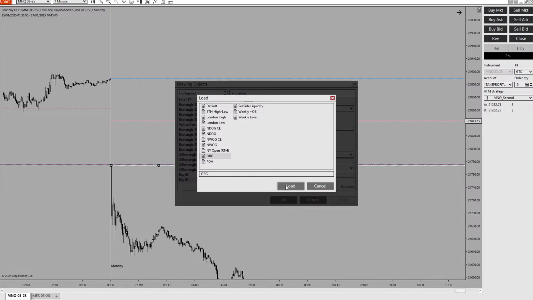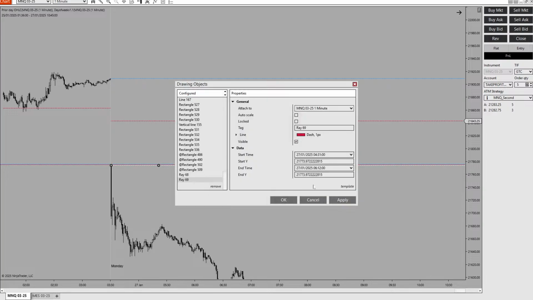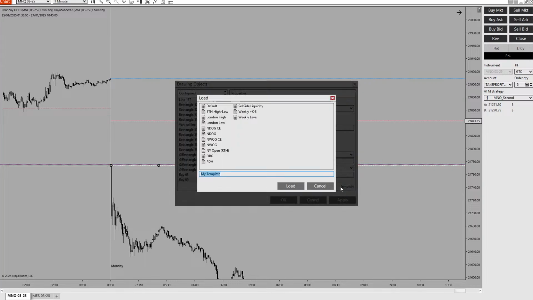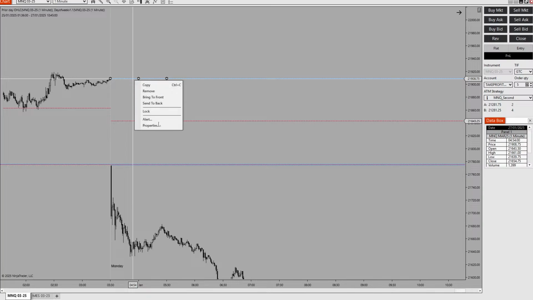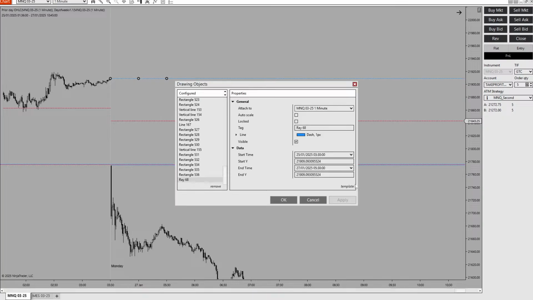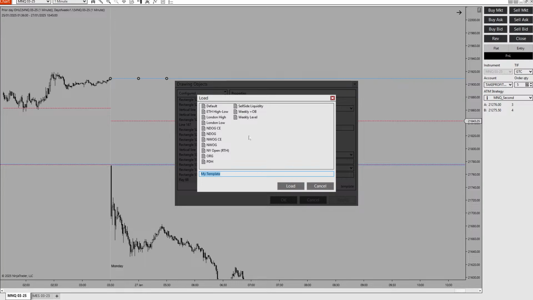Opening range gap. Sorry, this is supposed to be NDOG. The other one is supposed to be opening range gap. Now, why I use this opening range gap template for this is because that price is also influential for demarcating the opening range gap.